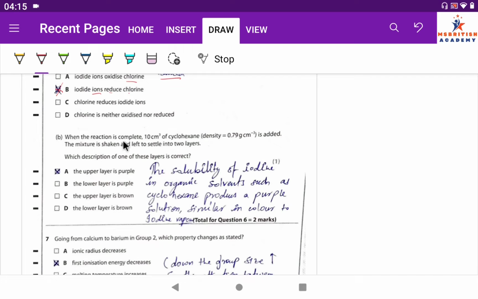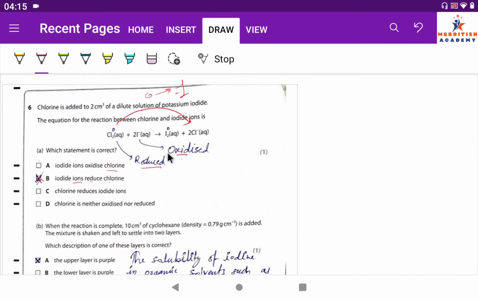When the reaction is complete, 10 centimeter cube of cyclohexane is added to the mixture. The mixture is shaken and left to settle into 2 layers. What happens when this reaction is completed?